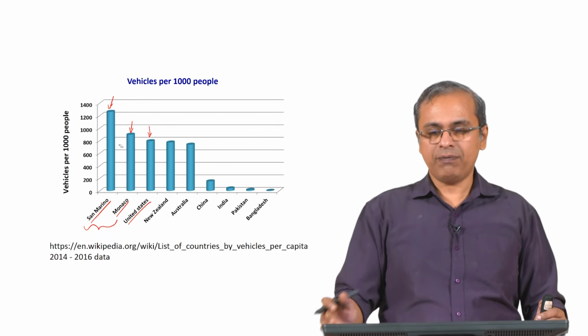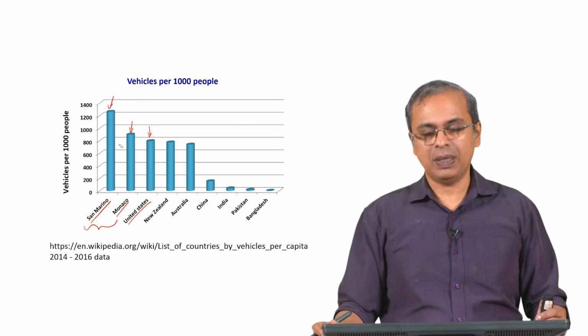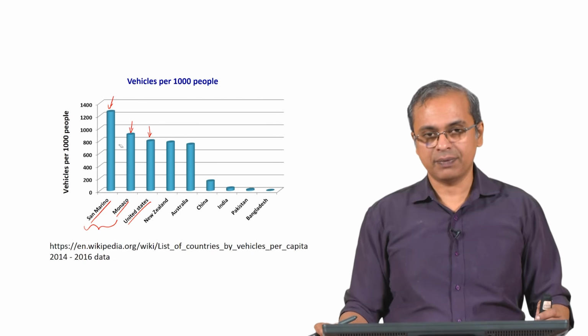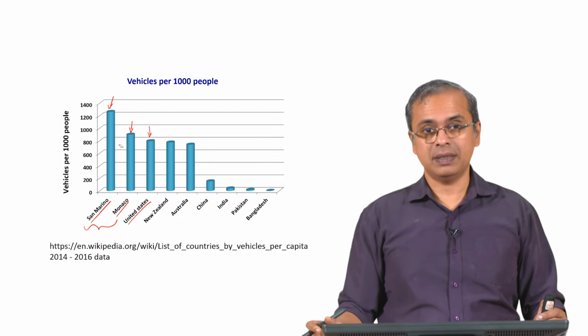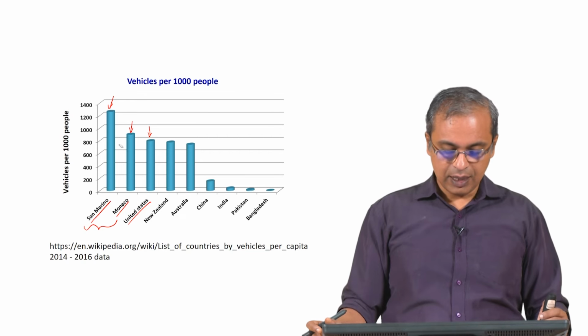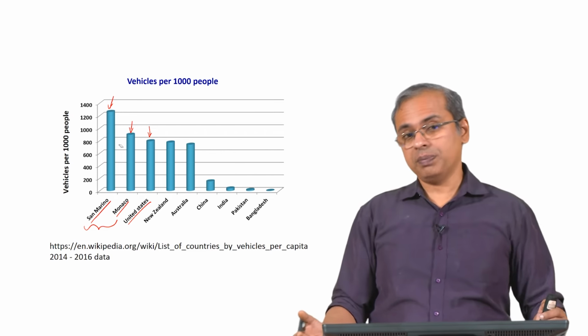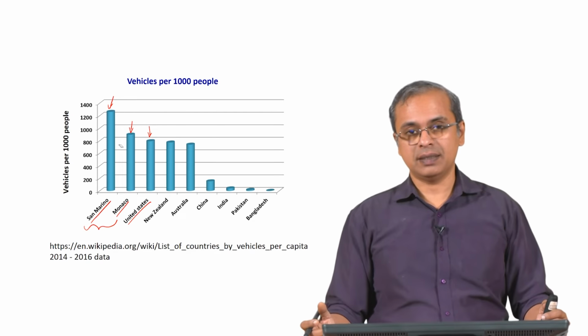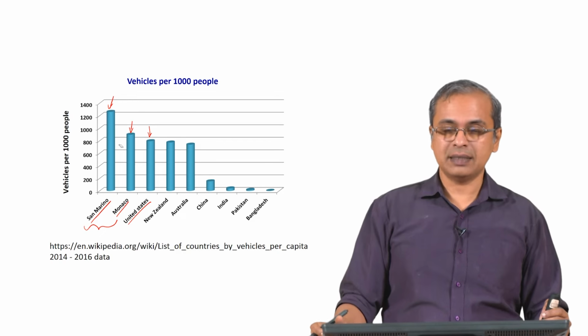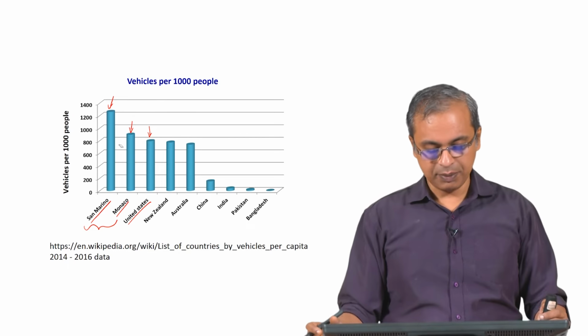For every 2 people there is at least one vehicle available, and there are 3 vehicles available for every 4 people in the United States. So, any household of 4 people has 3 vehicles. That is a pretty large number.